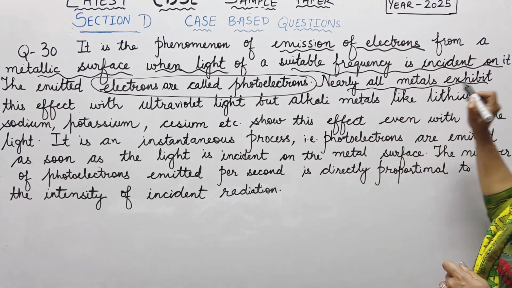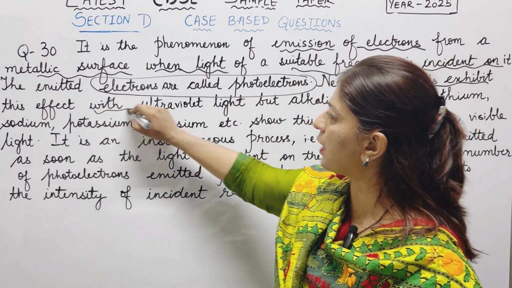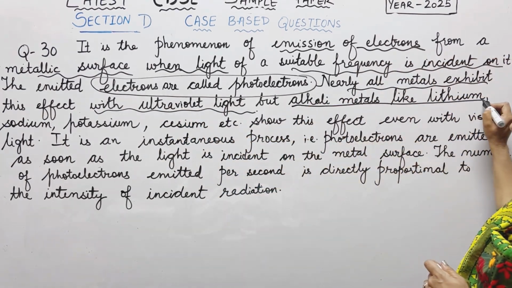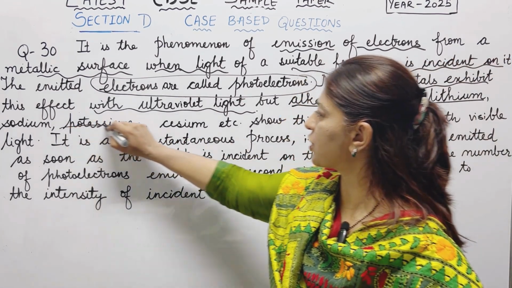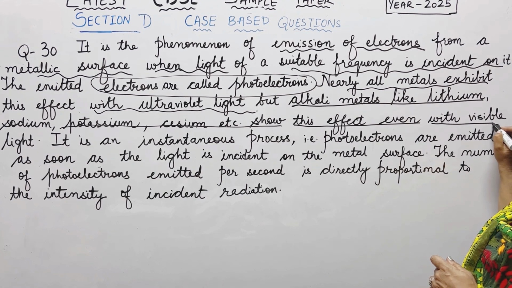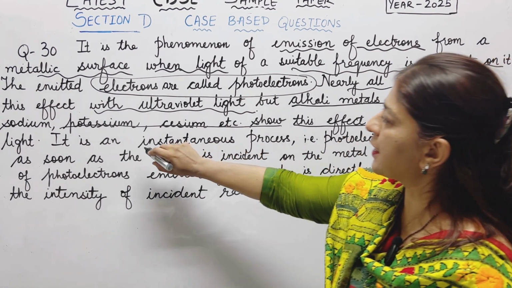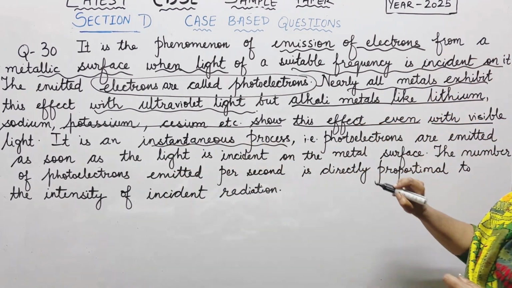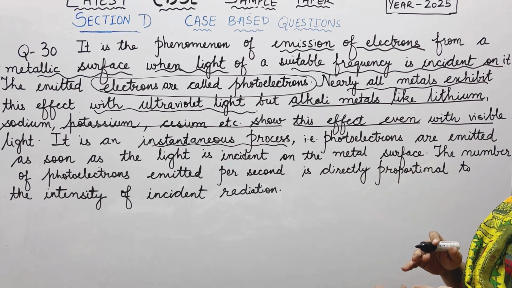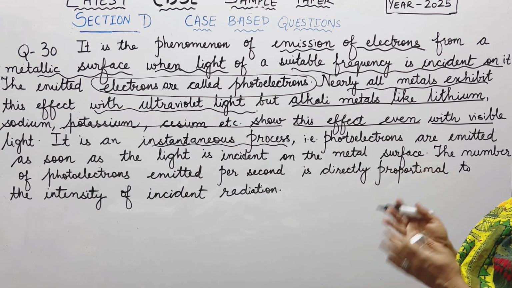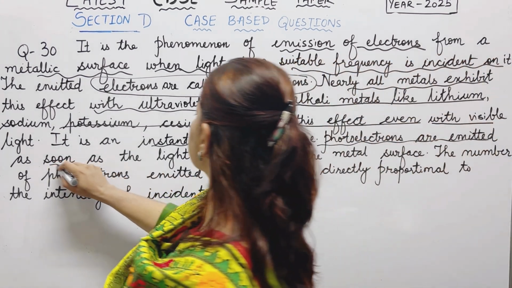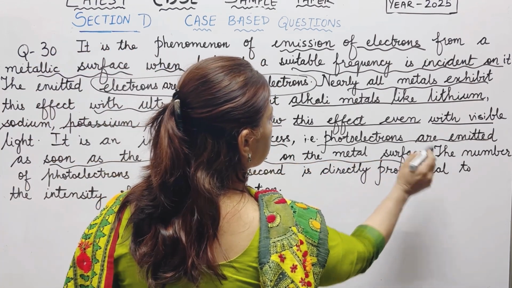Nearly all metals exhibit this effect with ultraviolet light, but alkali metals like lithium, sodium, potassium, cesium, etc. show this effect even with visible light. It is an instantaneous process. Instantaneous process means it starts as the light is incident, and photoelectrons are emitted side by side. That is, photoelectrons are emitted as soon as the light is incident on the metal surface.